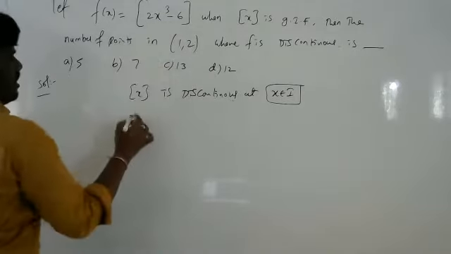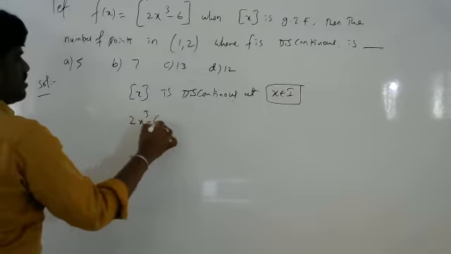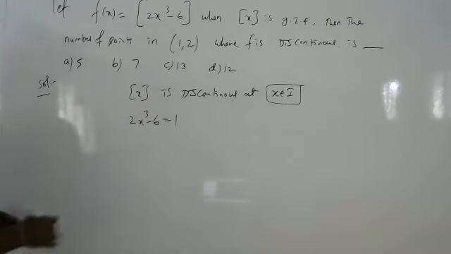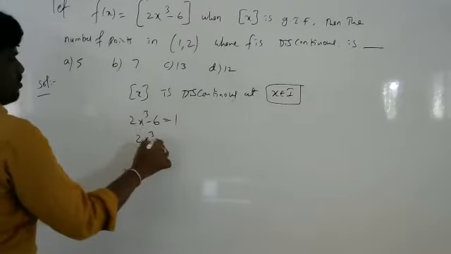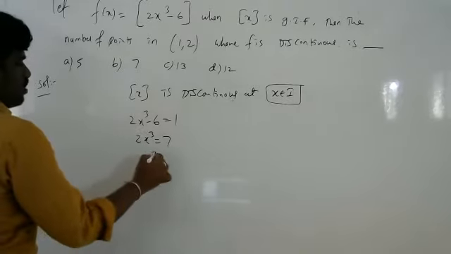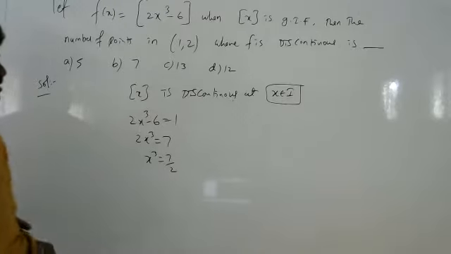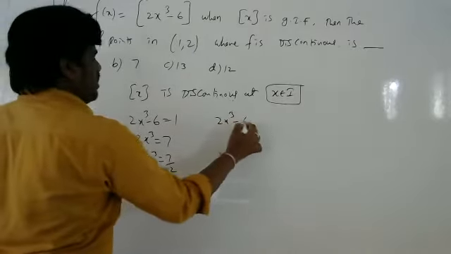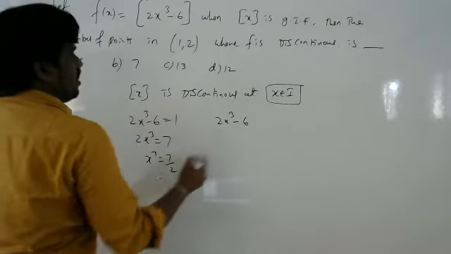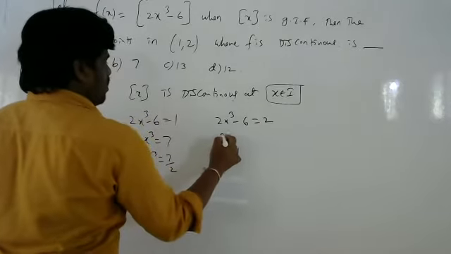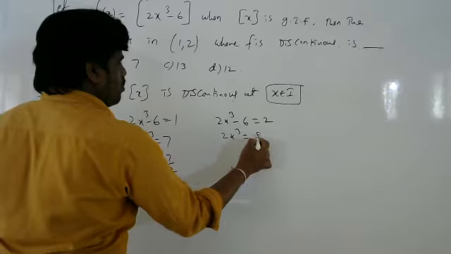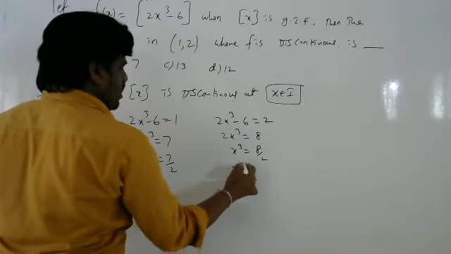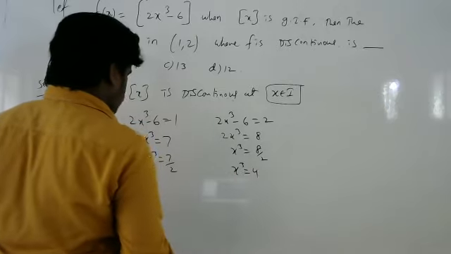Like 2x cube minus 6 in this interval at the corner: if I take 1, I get 2x cube equal to 7, x cube equal to 7 by 2. If I take 2, 2x cube minus 6 equal to 2, I get 2x cube equal to 8, x cube equal to 8 by 2, x cube equal to 4.